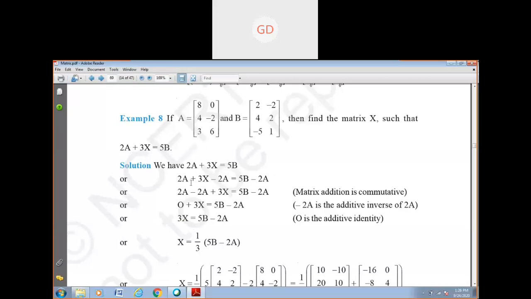So twice A plus thrice X minus twice A is equal to 5B minus twice A. That means twice A is subtracted from both sides.